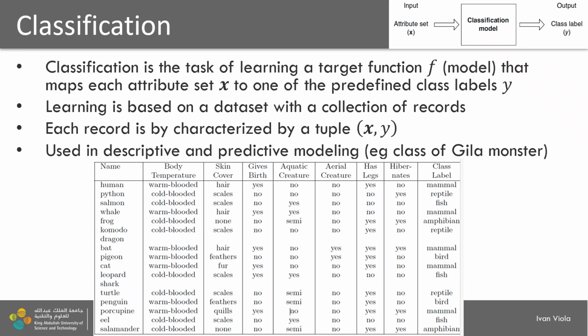And predictive modeling is where we do not know the association to a particular class, like, for example, what is the class of the animal known as Gila monster. We will use our classification model and the attributes of this new test object to classify it into a particular animal class.